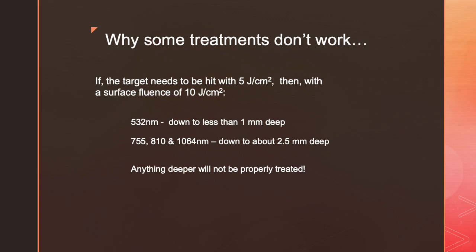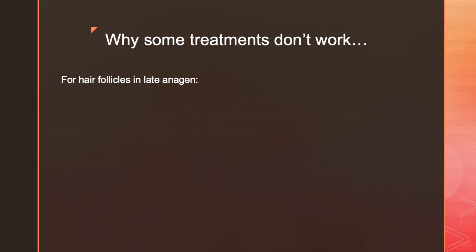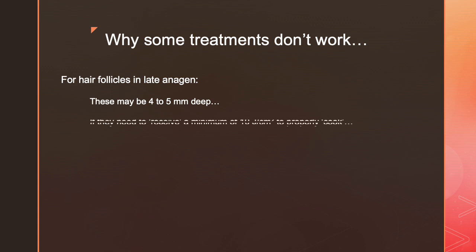So we've got to be aware that as you fire your fluence into the skin, it does drop fairly rapidly with depth. If you're looking at hair follicles, in particular in the late anagen stage, then these follicles may be 4 to 5 millimeters deep. By this point, they usually have reached the subcutis level, so they are quite deep.